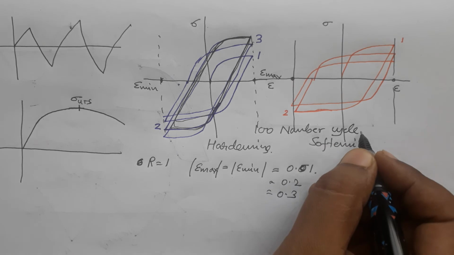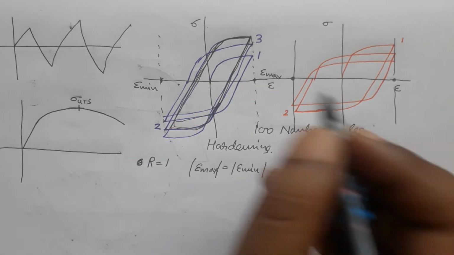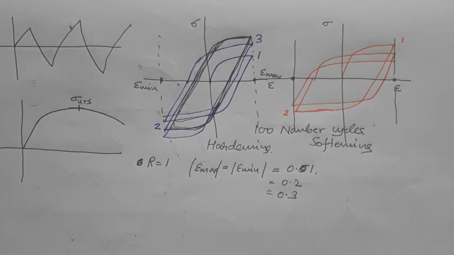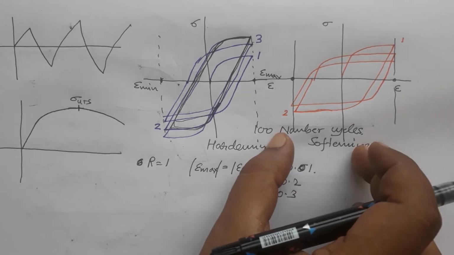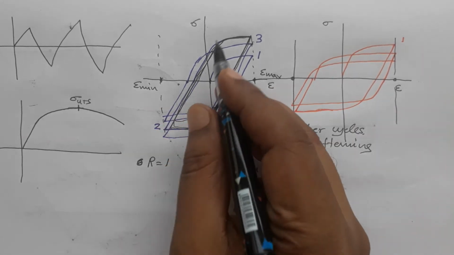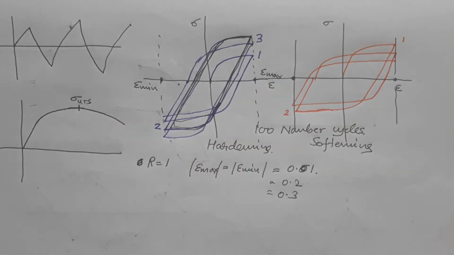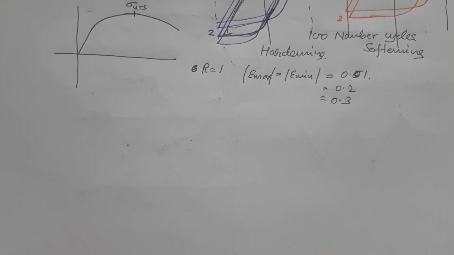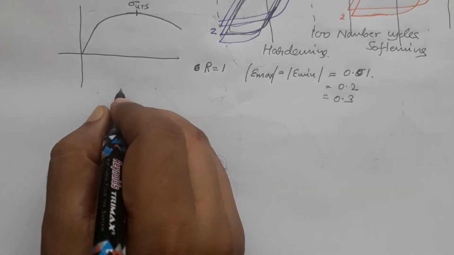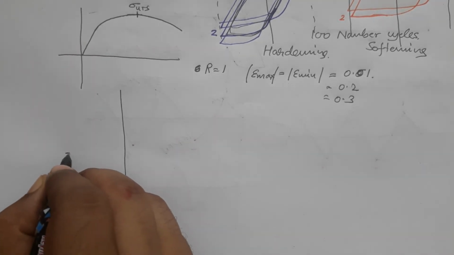So after 100 cycles, you will not see this fluctuation in the cyclic stress strain behavior. So once it has stabilized, then we take that stabilized value for each value of strain, and we plot that. So if you plot that, then it will look like this.